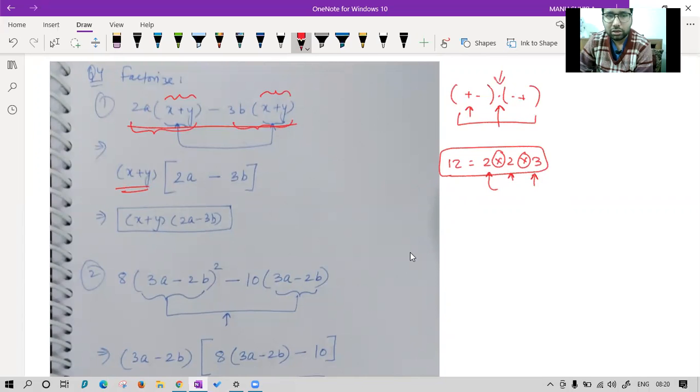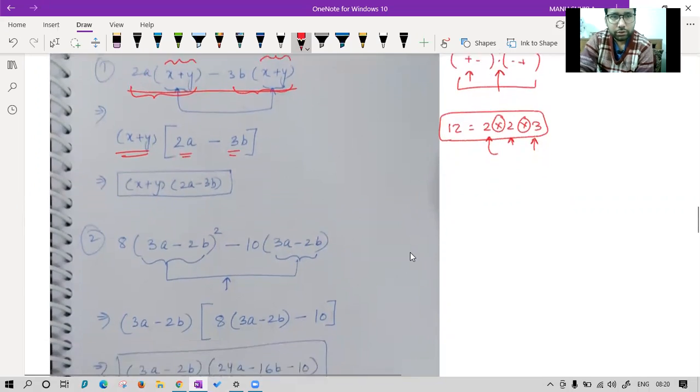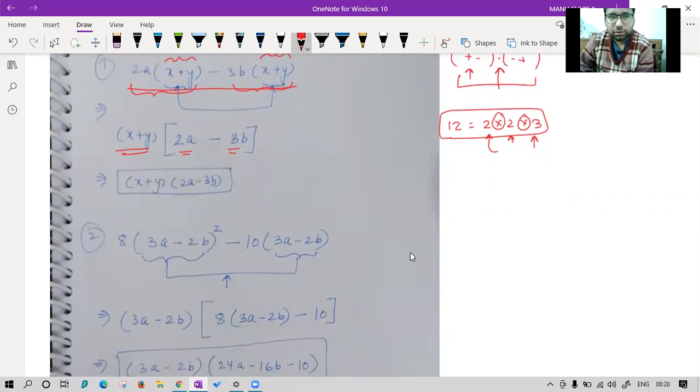What is left behind? 2a minus 3b. This one was an easy one. Class, please confirm. If you expand this, that is also fine, but without expanding also we can do it quickly just by taking x plus y common.